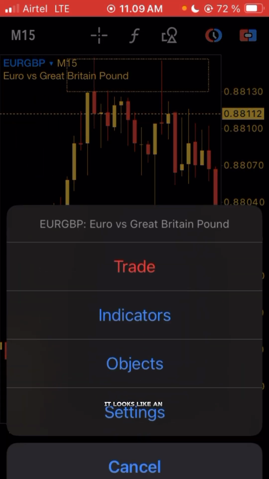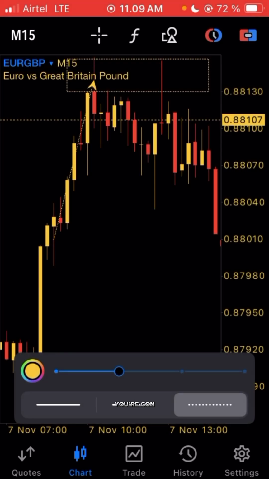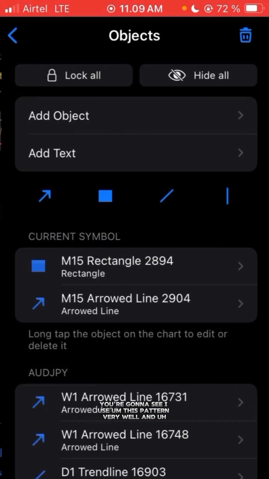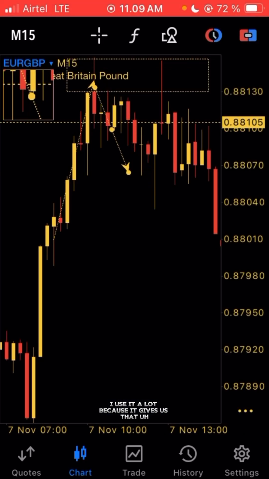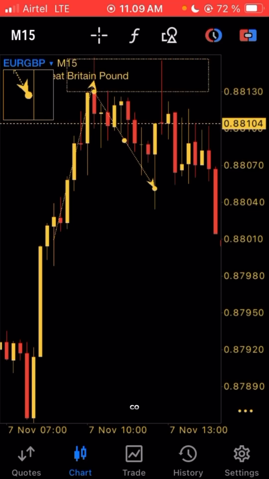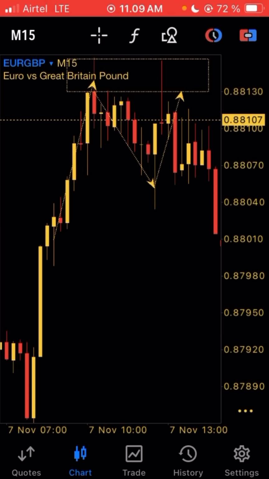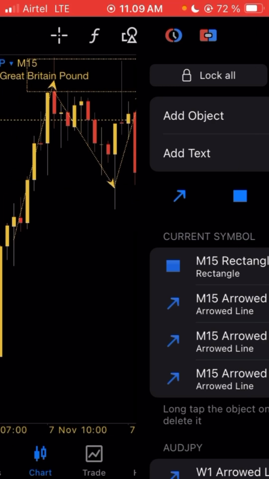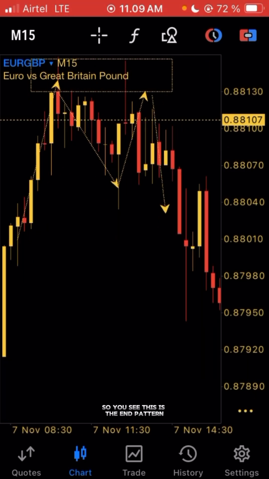It looks like an M. If you watch my videos very well, you're going to see I use this pattern a lot because it gives us that confluence, right? It just gives us the basic confluence that we need to take our trade. So as you guys can see, this is the M pattern right here.